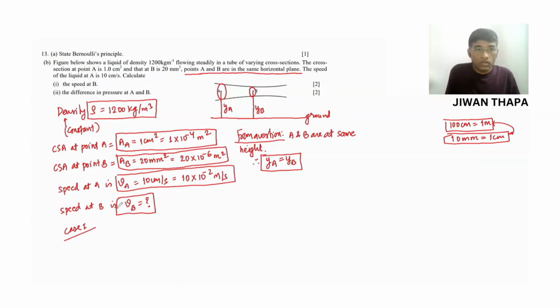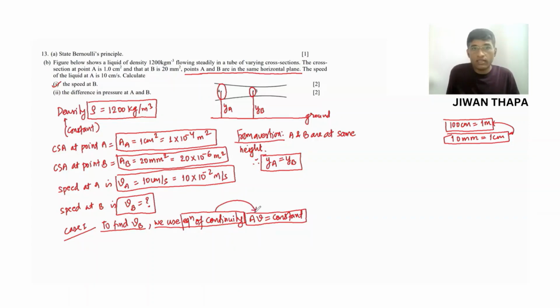Now, first we need to find the speed at B. To find VB, we use the equation of continuity. The equation of continuity states that the product of area of cross section times the speed is constant. This is the mathematical form of the equation of continuity.